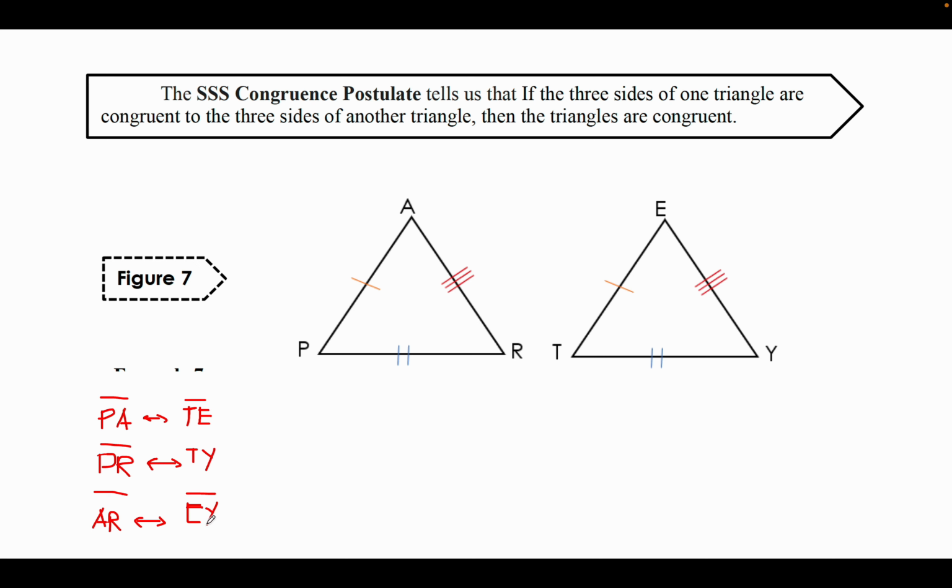So according to the SSS congruence postulate, if the three sides of triangle PAR are congruent to the three sides of triangle TEY, therefore triangle PAR is congruent to triangle TEY. Okay? Understood? Are you following, class? Yes po, sir.